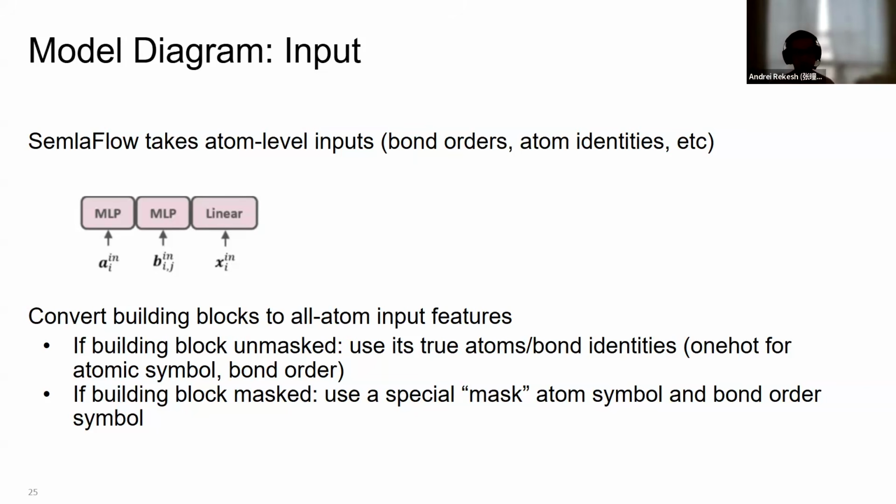If a building block is unmasked, you just take the true atoms and bonded entities in a one-hot way to your encoder. If it's masked, you pass the masked index into your encoder. You do this at the atom level after broadcasting up to the all-atom level from whatever partially masked building block state you have for your molecule at the time.